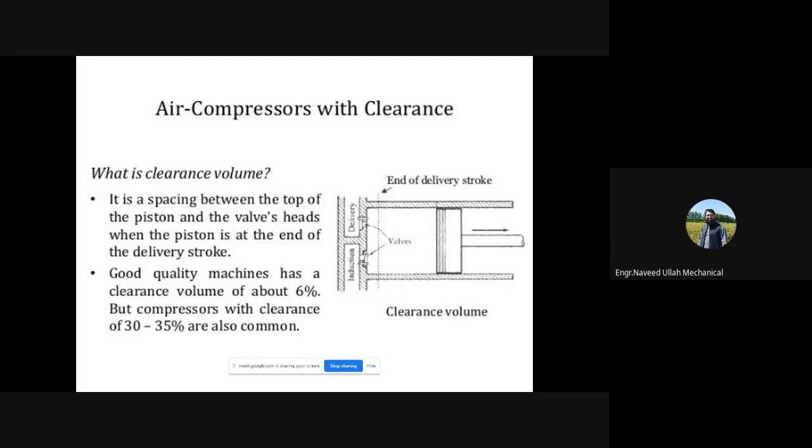So the one that is practical and it is mostly achievable is to change the process from polytropic to isothermal, and that's the way you can get the minimum work. Okay, and that is depicted and explained in example 3.